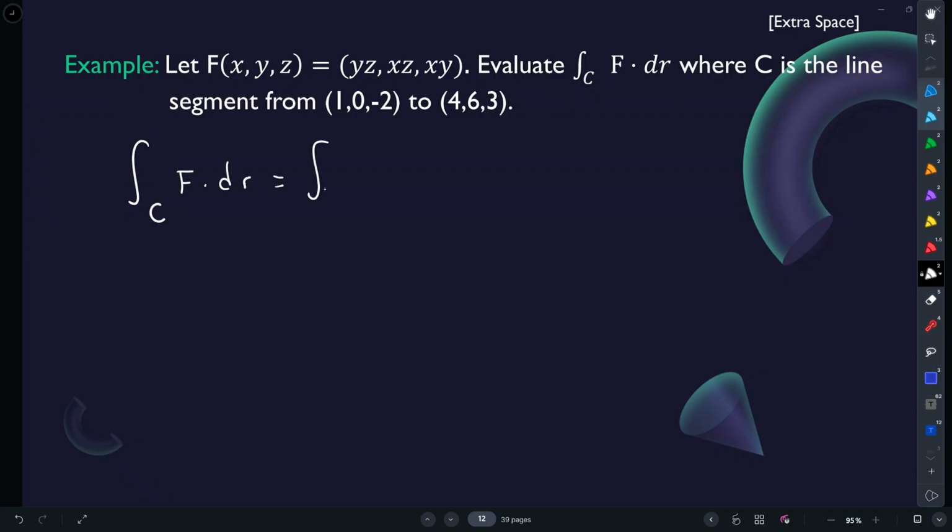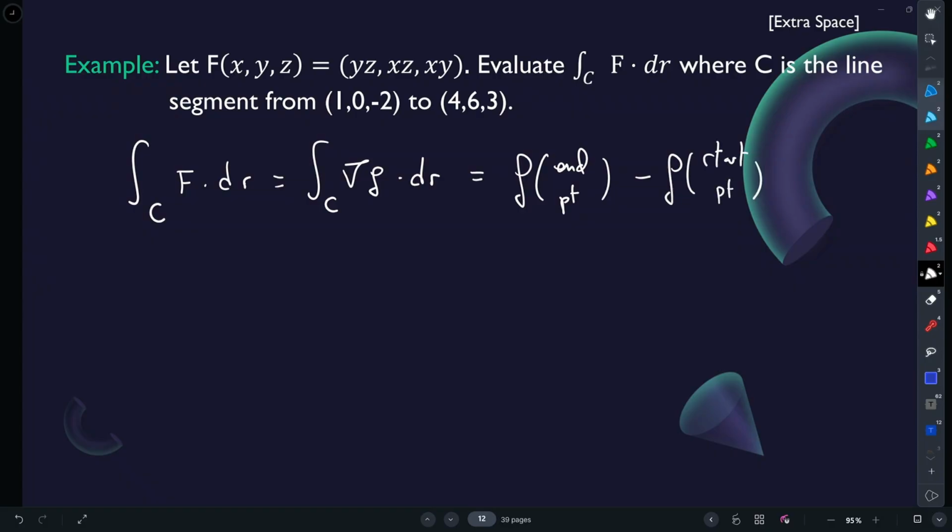This is equal to the integral of the gradient dr, and it has to be f of the endpoint minus f of the start point. We have figured out that f is xyz. So what is f of the endpoint? 4, 6, 3.